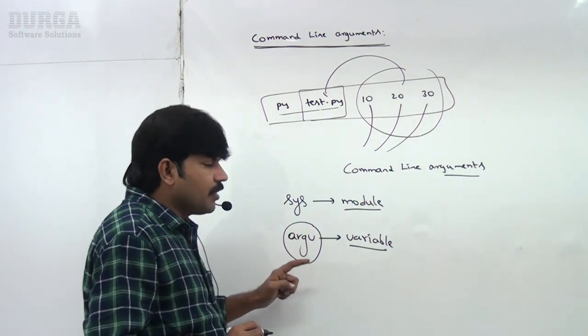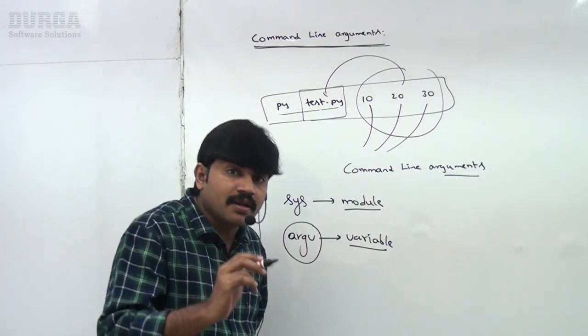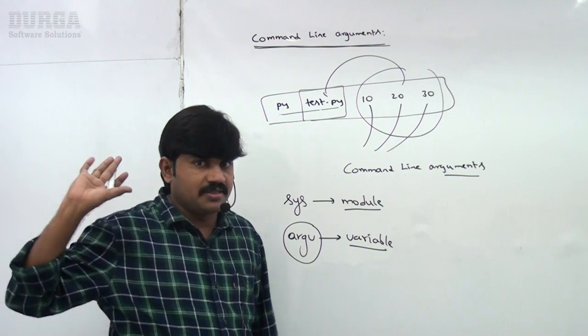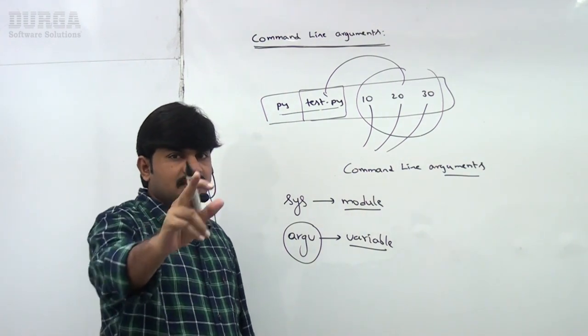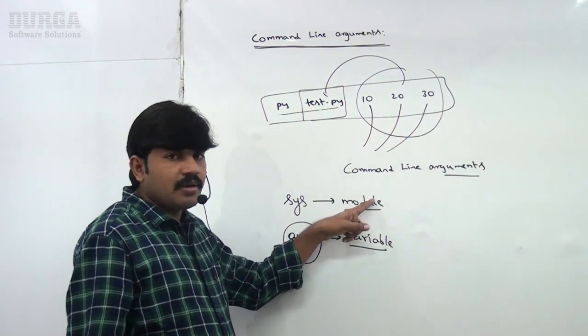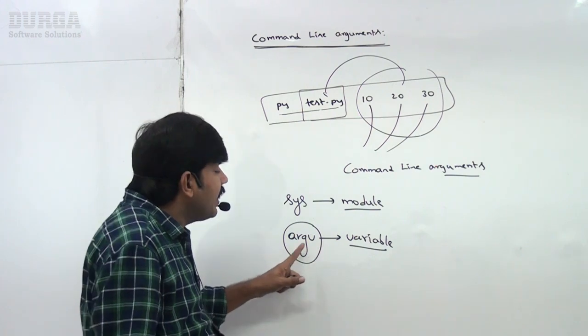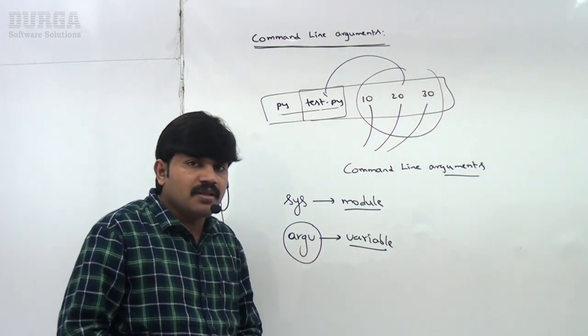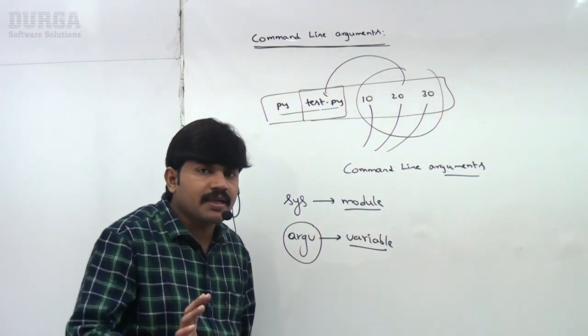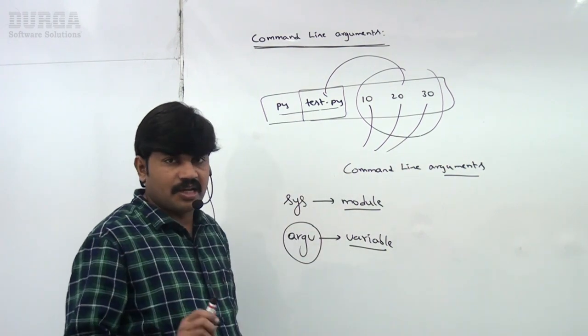By using this variable, we can happily read command line arguments. Just be aware: sys is a module, and in this module there is one variable, argv. By using that, we can get these command line arguments.